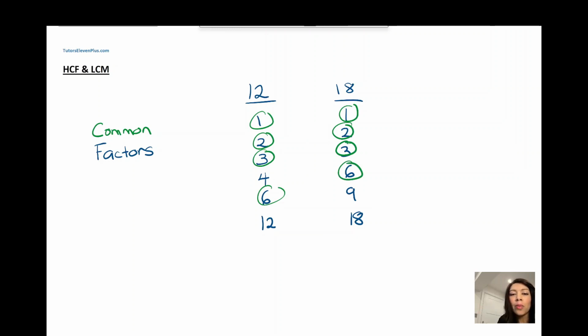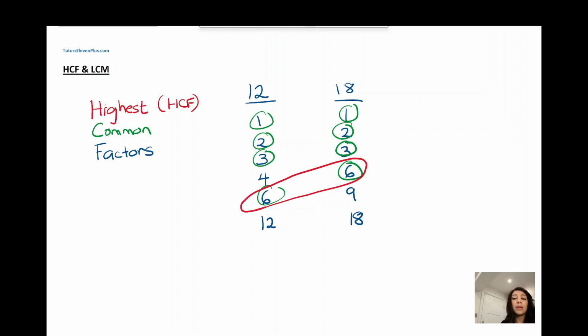Now, of the common factors, which one of these is the highest? So, the highest common factor, or the HCF, for 12 and 18 is 6. That means that 6 is the highest number that divides into 12 and 18.